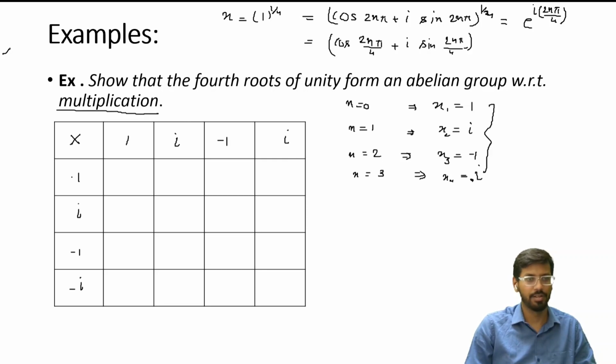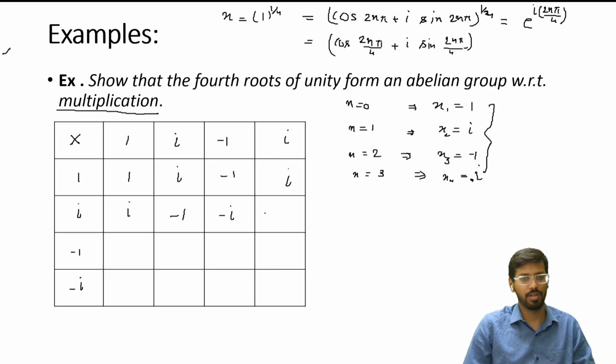So here 1 multiplied by 1 is equal to 1. 1 multiplied by iota, iota. 1 multiplied by -1, -1. 1 multiplied by minus iota is minus iota. Now iota multiplied by 1, iota. Iota multiplied by iota, -1. Iota multiplied by -1 is minus iota.